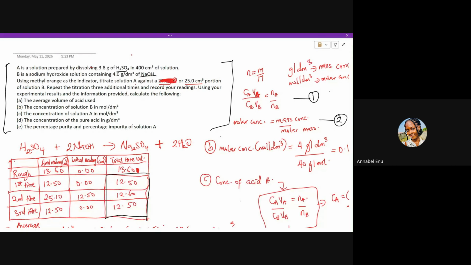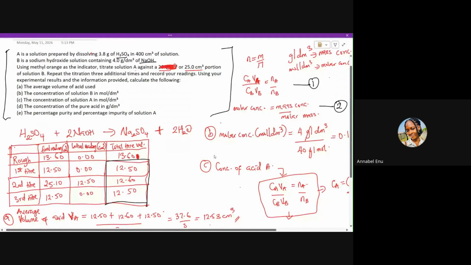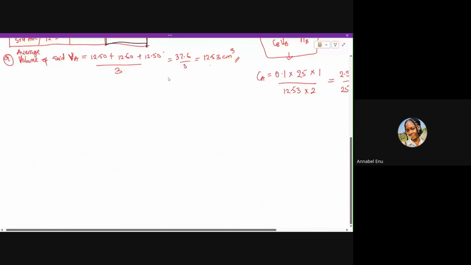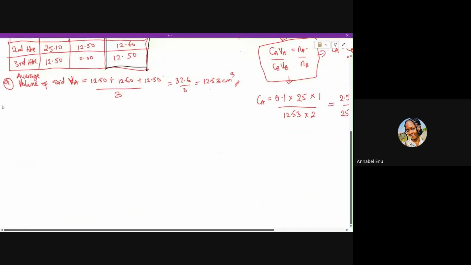Now the concentration of our acid in gram per dm cube is going to be our mass in gram, 3.8, divided by 400 centimeters cube. So that is from our question. So this is D, right?